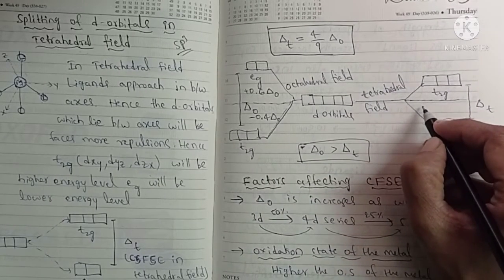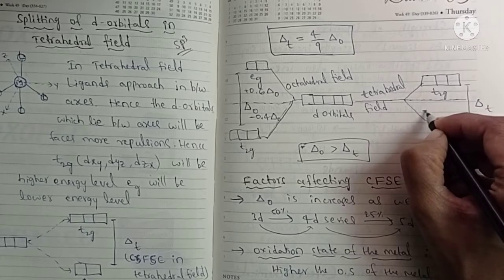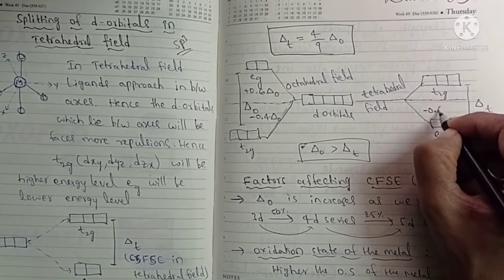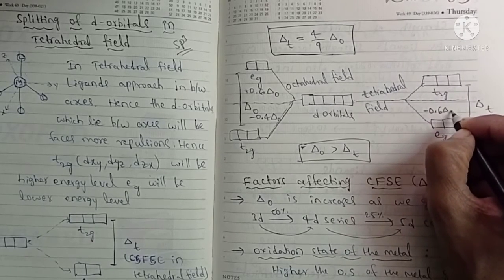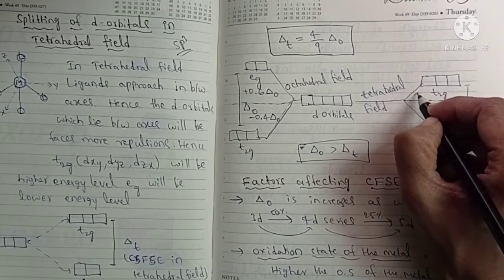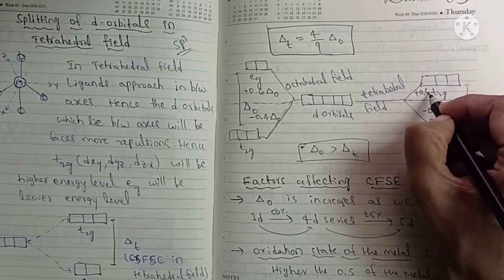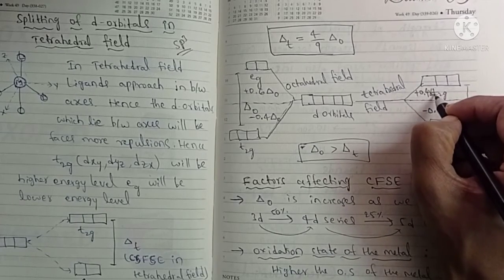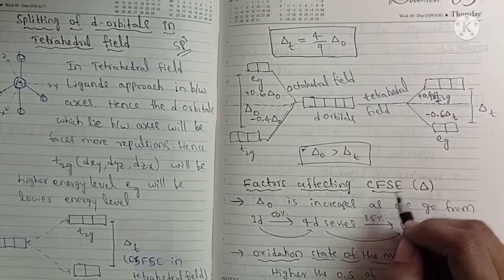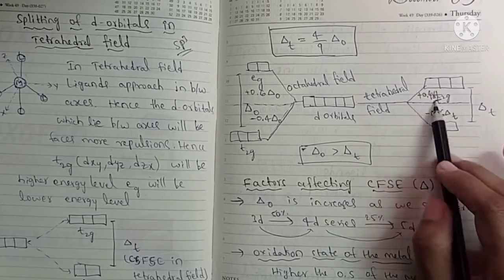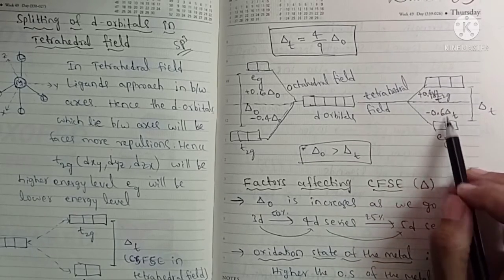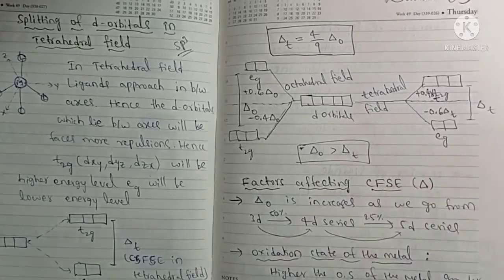Here this gap is minus 0.6 delta t and here this is plus 0.4 delta t. So less gap means 0.4, more gap means 0.6.